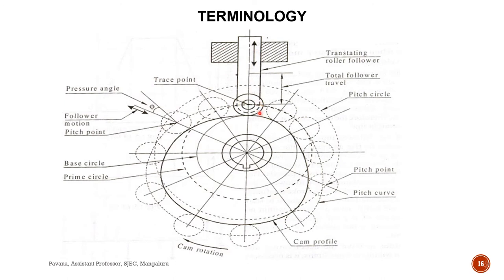Now here it is shown the roller follower. For a knife edge follower, the trace point will be the tip of that knife edge, whereas for a roller follower it is the center of this roller, and for a flat face it will be again the tip of the flat face or the point of contact. So the trace point will depend on the follower.